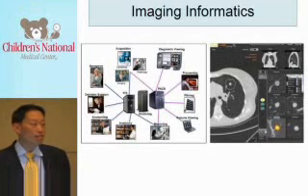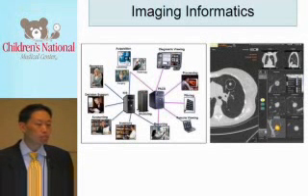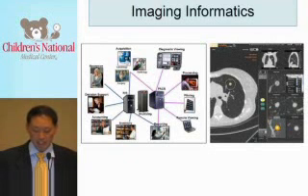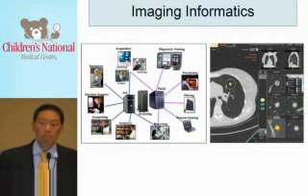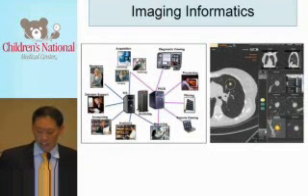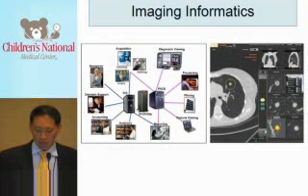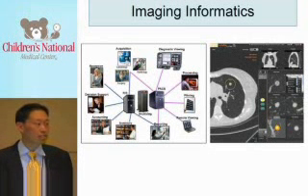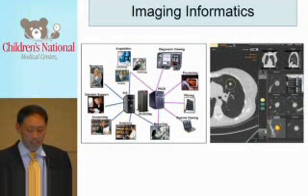One good way graphically of explaining the complexity and richness of informatics is this diagram here. So here's picture archiving and communication systems, but it's not just viewing, there's post-processing, there's hard copying, filming if necessary, remote viewing, reporting, and on this side the complementary informatics system of the radiology information system.